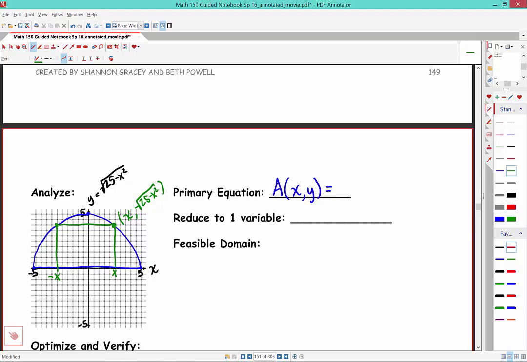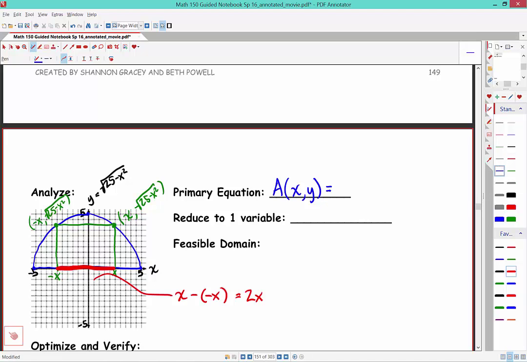Over here we would have negative x comma root 25 minus x squared. So this base right here, our base, do you see, of our rectangle would be x minus negative x, which is 2 x's. Good.